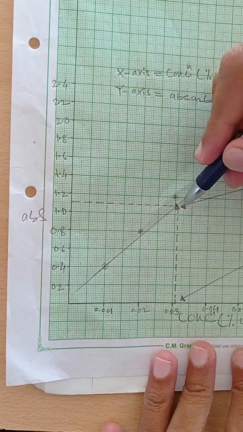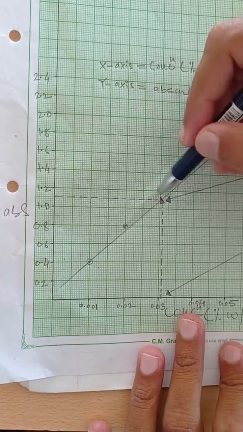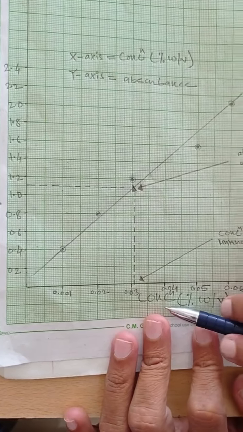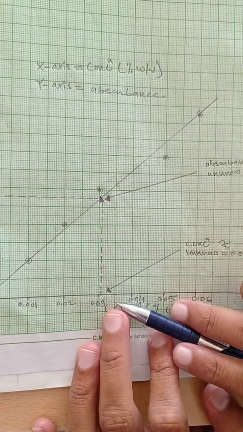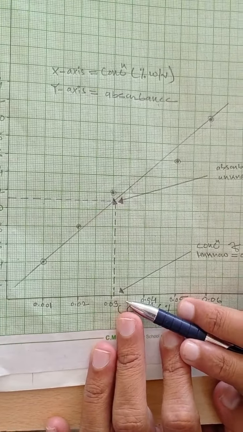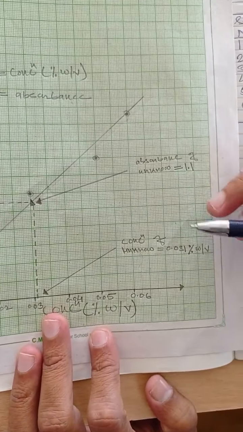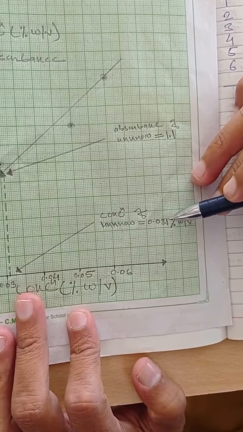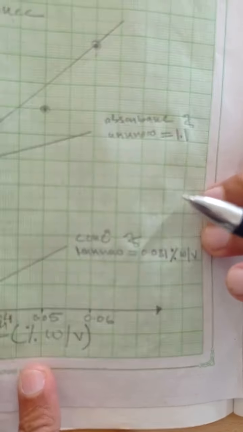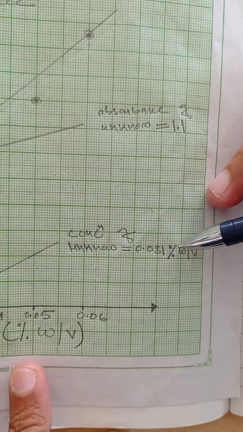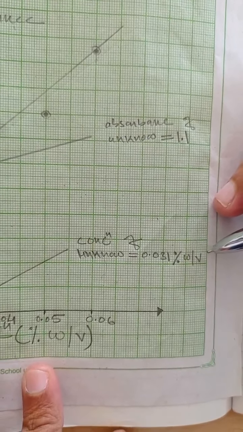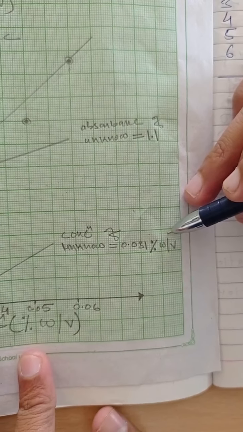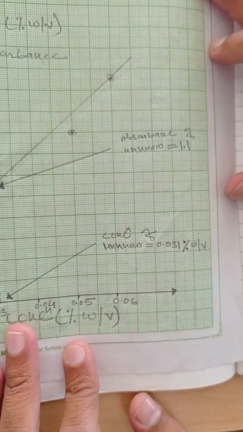By extrapolating this absorbance to the scale of concentration, we have determined the unknown concentration of salicylic acid, which was found to be 0.0031% weight by volume. This is the graph.